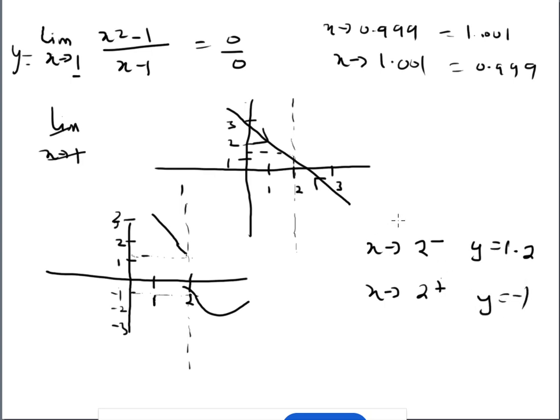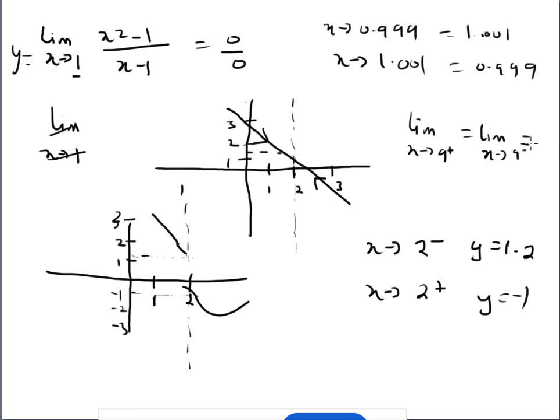Now, for the limit to exist, the left hand and the right hand limit must be equal. So let's write the notation. The limit as x approaches a from the right should be equal to the limit as x approaches a from the left. Do you see?